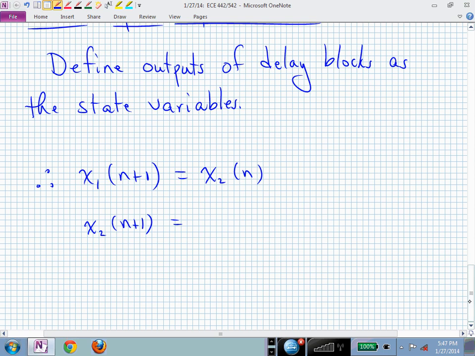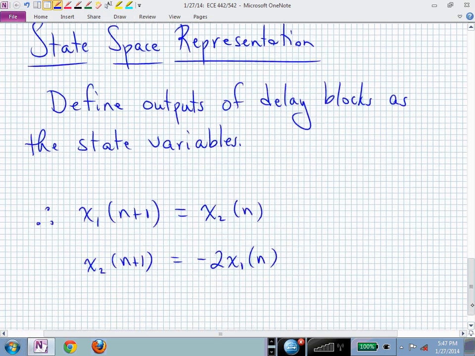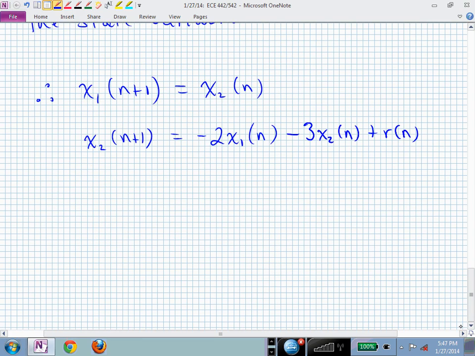But you can write these in any order. It's just you need to put them in the correct location when you put them in the matrix form. But I have minus 2x sub 1 of n minus 3x sub 2 of n plus r of n. And that's now my state space representation, and I could define an output.